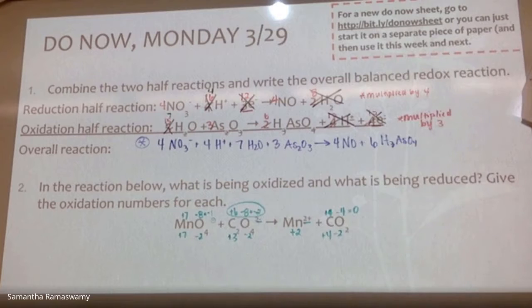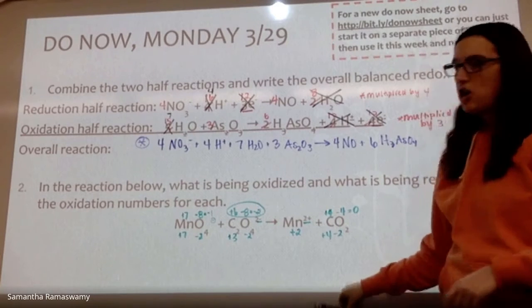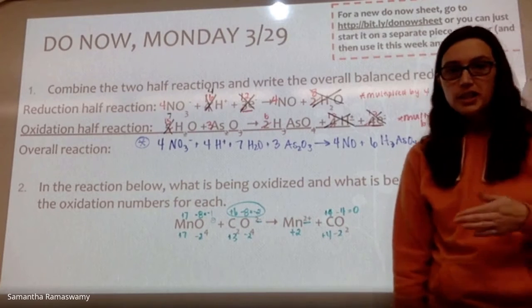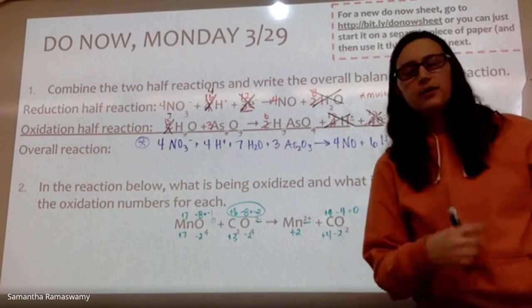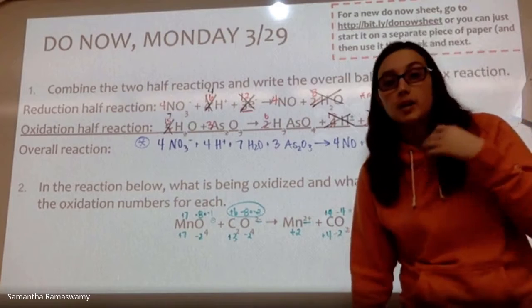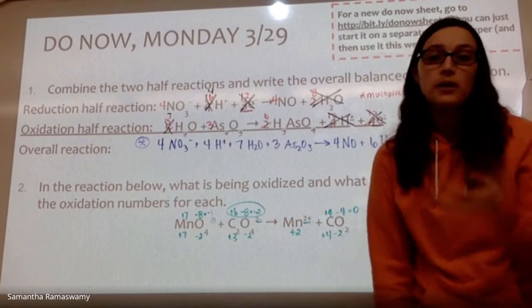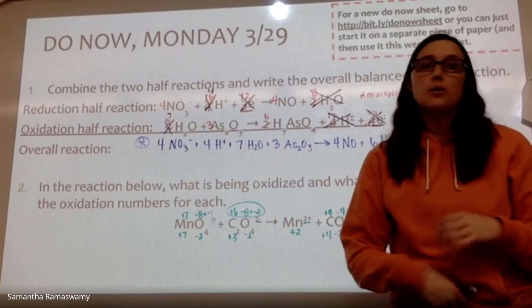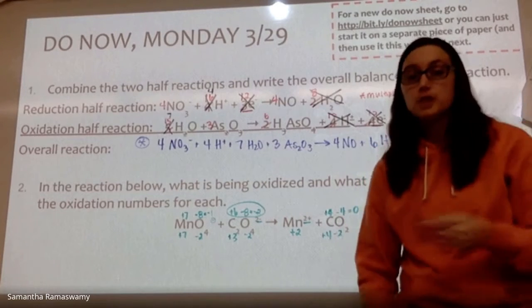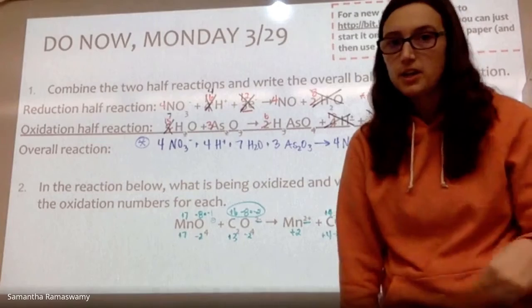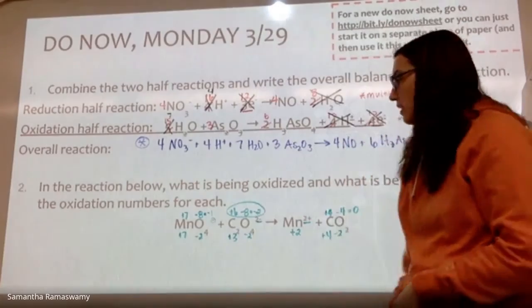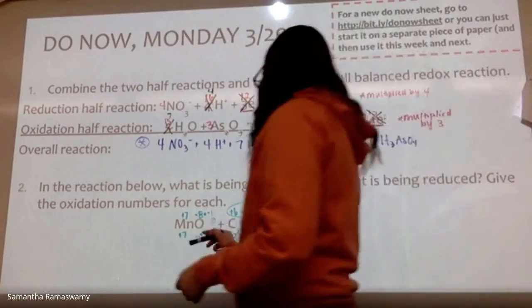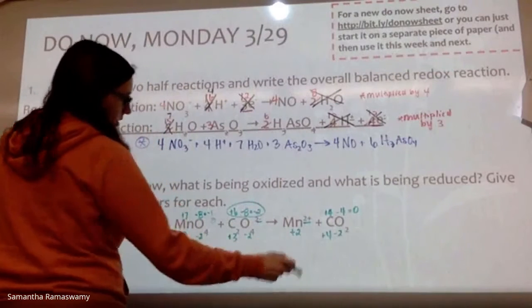Now we can answer the question, what is being oxidized and what is being reduced? This is a common question, like a part A of a free response. They give you a balanced equation, and before you have to start doing all of this math, they say, you know, what's being oxidized, what's being reduced, justify your answer with oxidation numbers. So if we take a look at this, we see that Mn is going from +7 to +2.